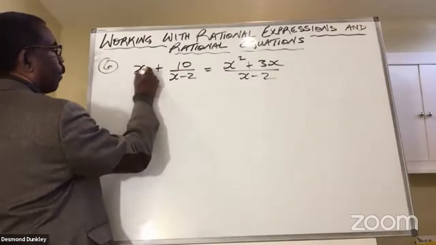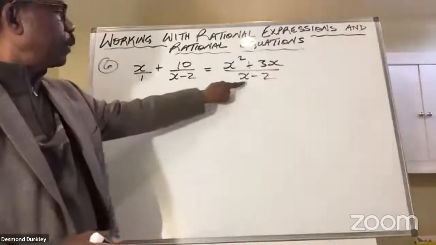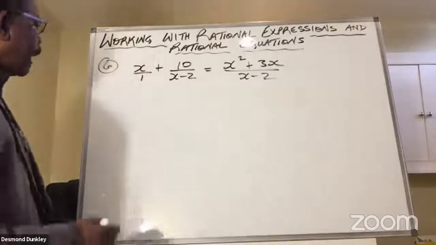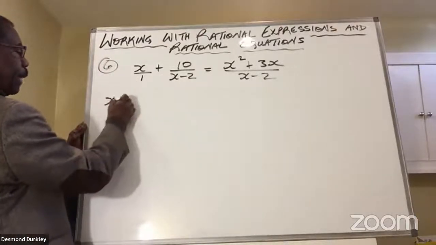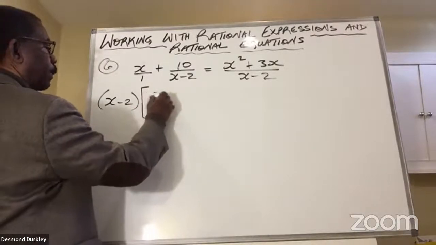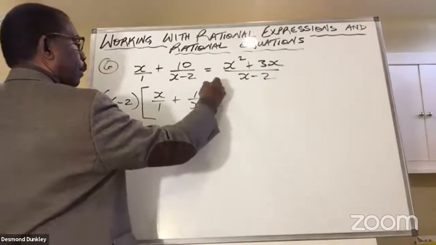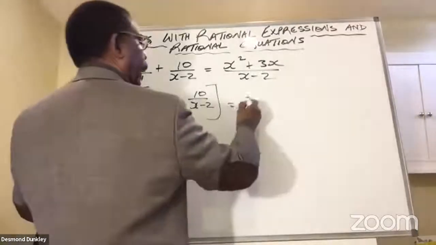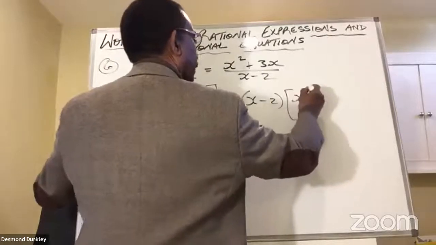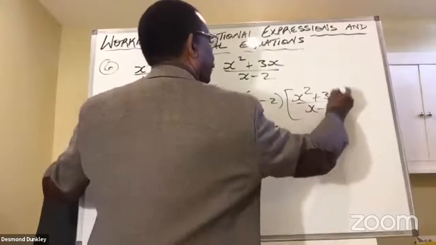So this is x over 1. So if we multiply both sides by x minus 2, you see the denominator? Common denominator is x minus 2. What happens? Well, we end up with x minus 2 times x over 1 plus 10 over x minus 2 equal to x minus 2 times x squared plus 3x over x minus 2.